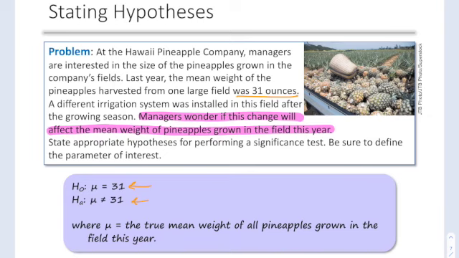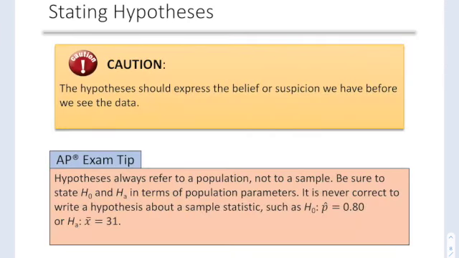So then the final part of stating your hypotheses is defining your variable, your parameter. So this is where we state, well, what does mu represent? Well, mu is equal to the true mean weight of all pineapples grown in the field this year. So a couple of things here. The hypotheses should express the belief or suspicion before you see the data, right? You're not going to see data and then say what you hope to find and then find it.